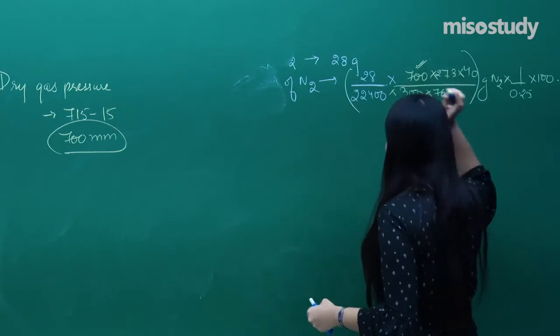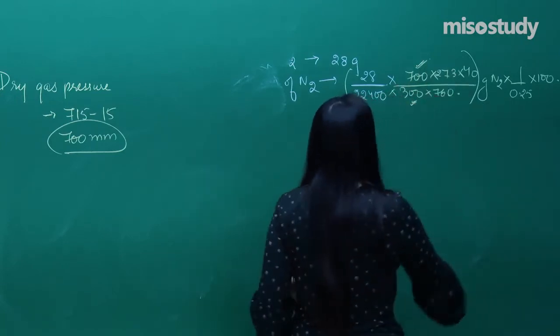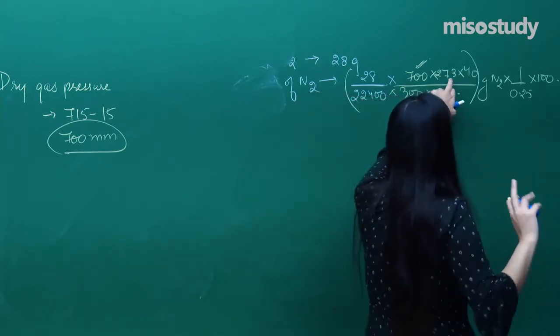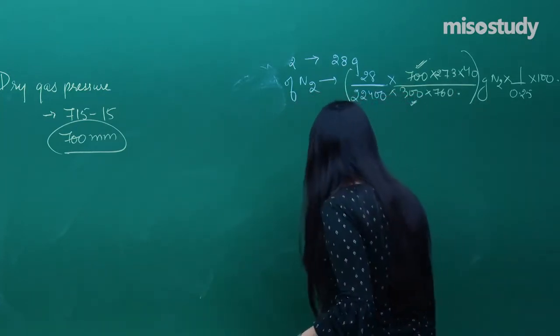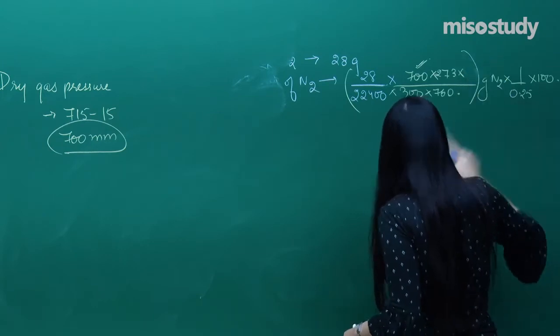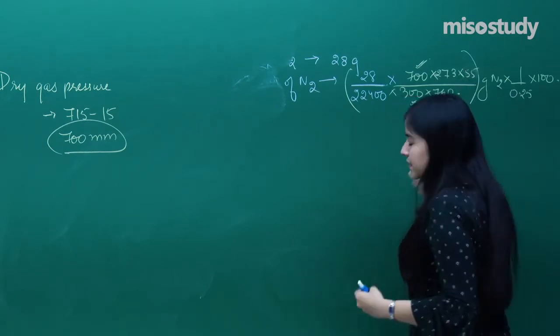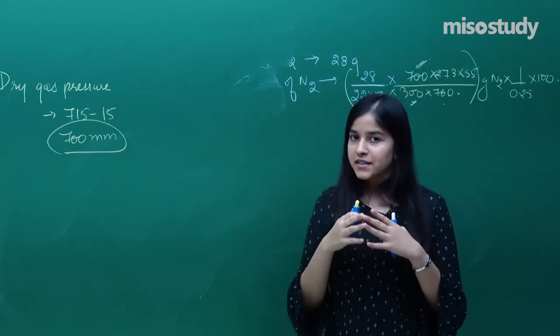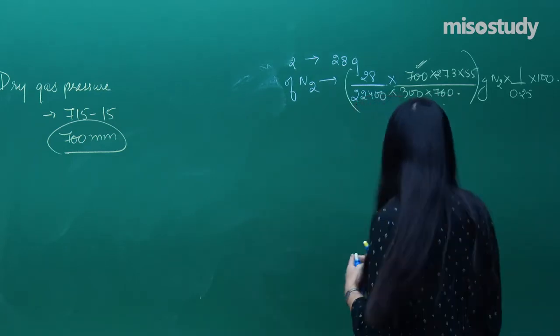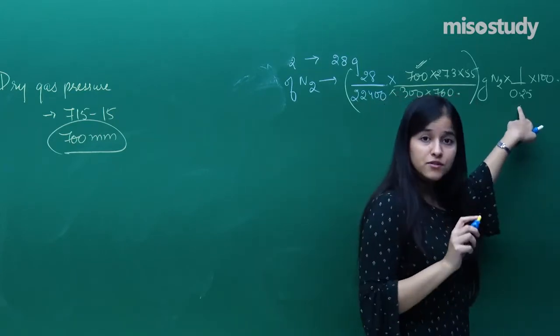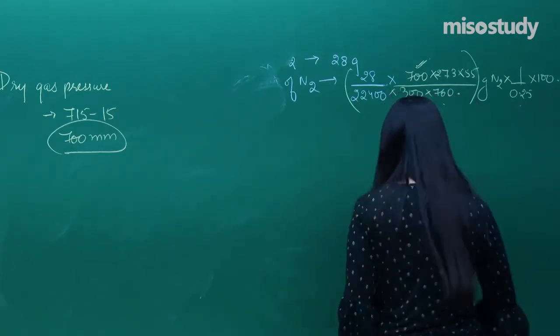700, that was the pressure, right? 300 Kelvin, that is the temperature also in this question. 273 Kelvin, completely right. 40 ml will be changed to 55 ml. And 760 remains as it is, that is the pressure at STP for any gas. And what else we have got? The total mass of the compound, which will be 0.35.